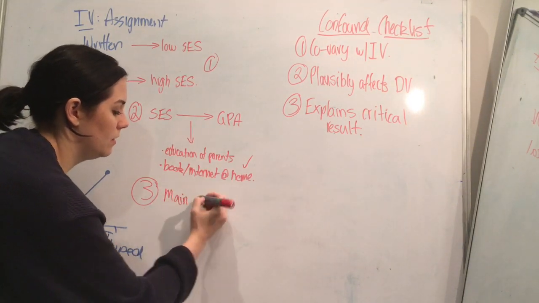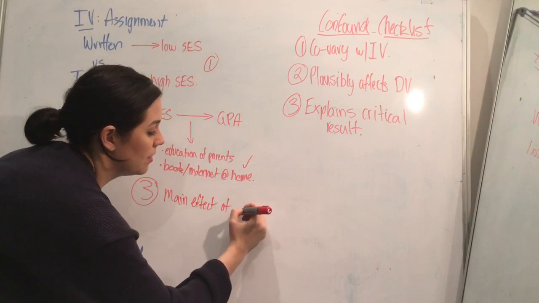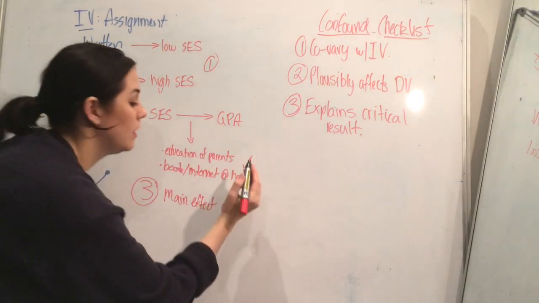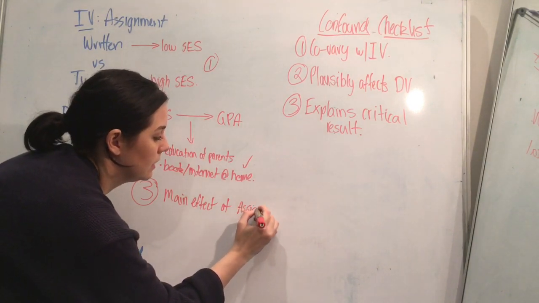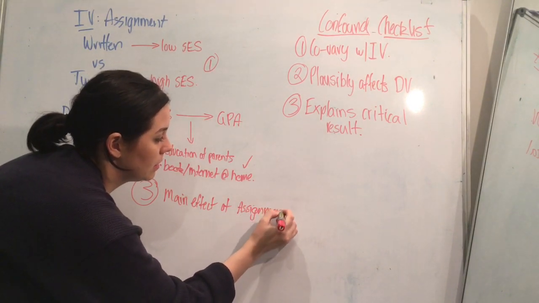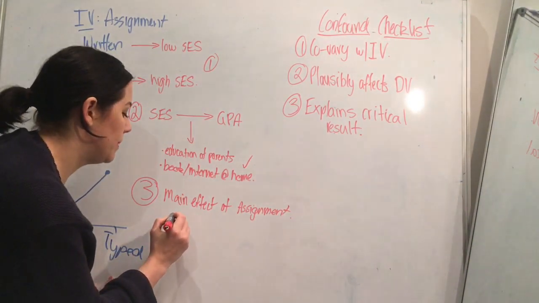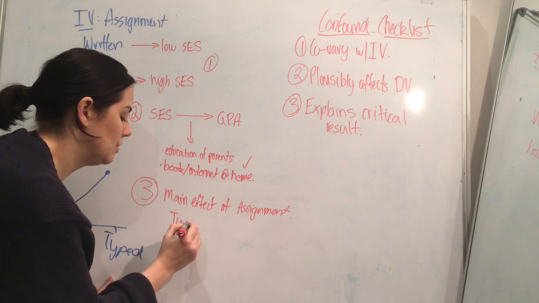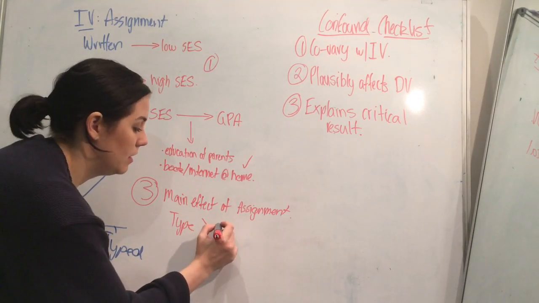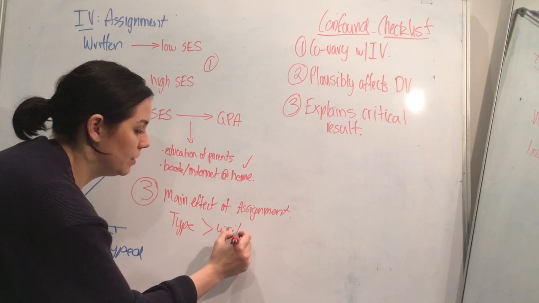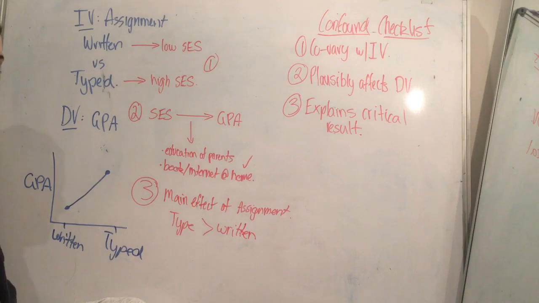a main effect of your IV, which we've only got 1 in this case. Main effect of assignment, whereby students who type their papers get better grades than students who have written their assignments.